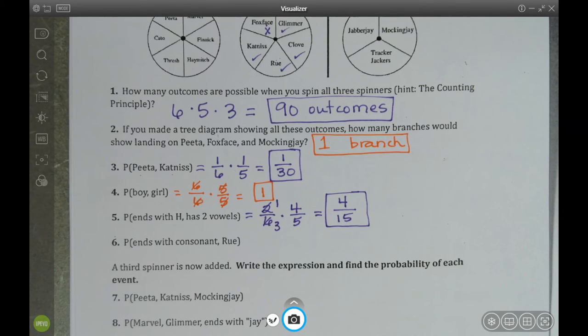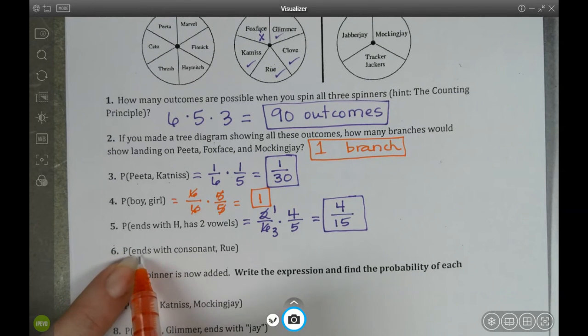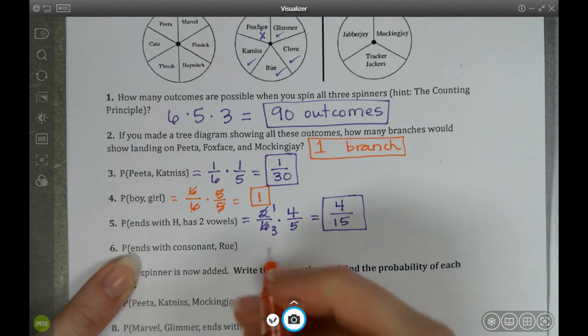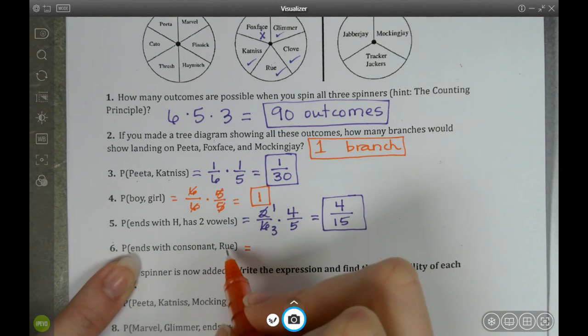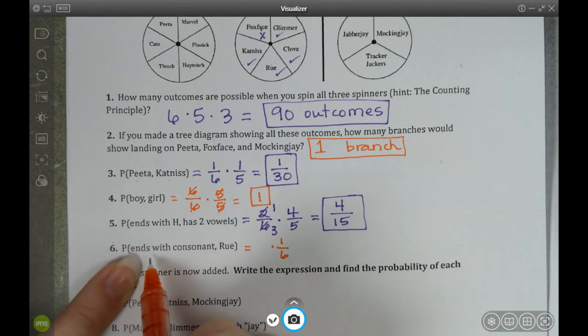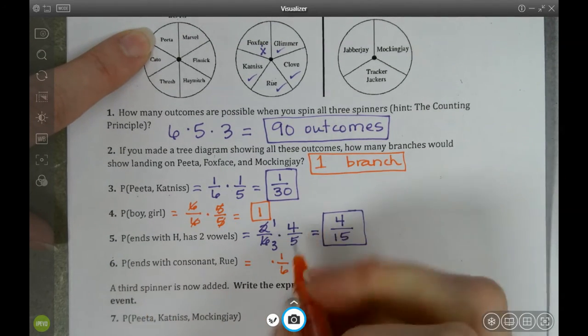Okay, number 6, the probability that the first, or the boy name, ends with a consonant. What's a consonant? Not a vowel. And the second one lands on Rue. Okay, well, let's start with this one. It's going to be 1 out of 6 because there's only one Rue. Okay, look at the boys. Is it 1 out of 5? 5, yes, thank you.